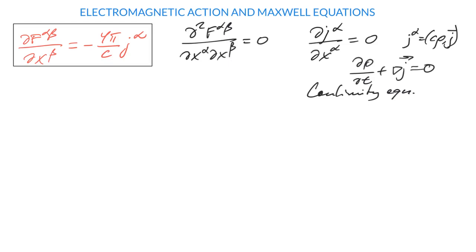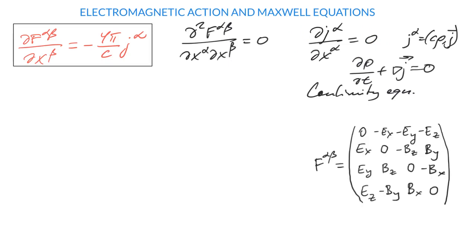Now, the equation of motion that we obtain from varying the action explicitly satisfies the continuity equation, so it guarantees the conservation of charge. Now let's write the equation of motion in components. So we'll need the field strength tensor, and we'll start with the time-like component. That means alpha equals 0.